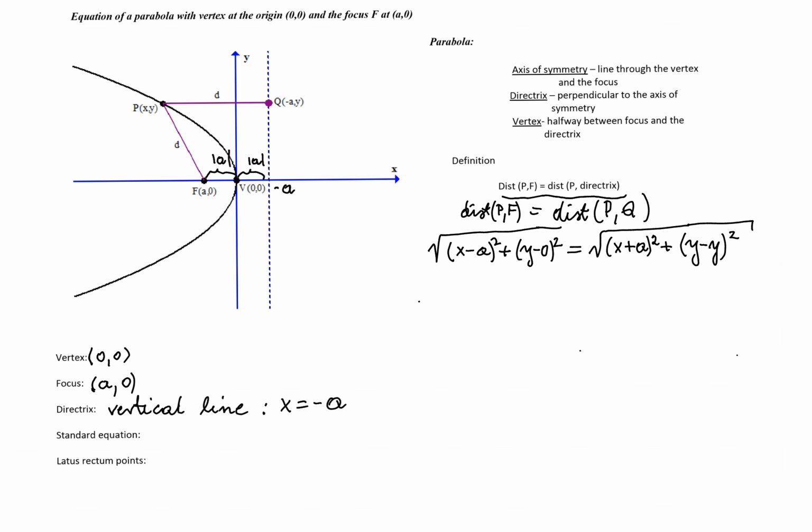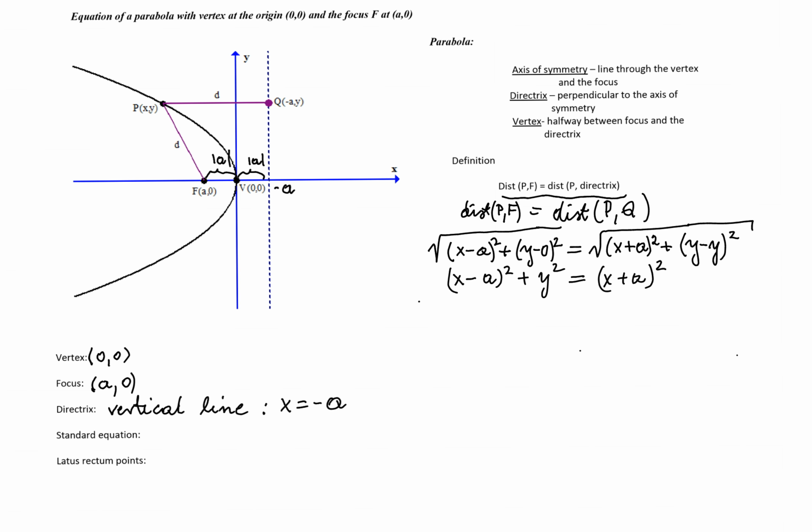We can simplify that equation by first squaring both sides, and therefore we get (x - a) squared plus y squared is equal to (x + a) squared, and y - y is 0.